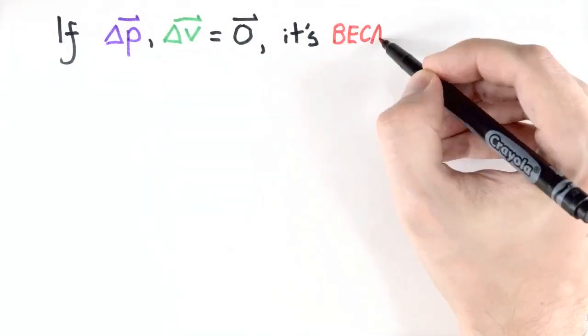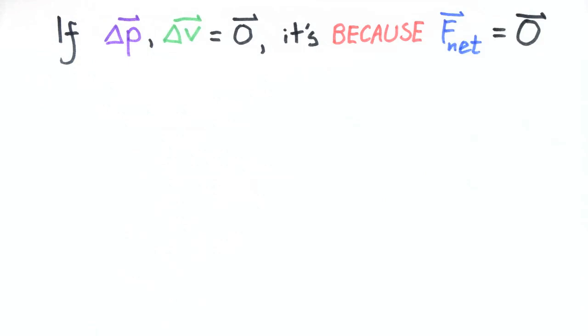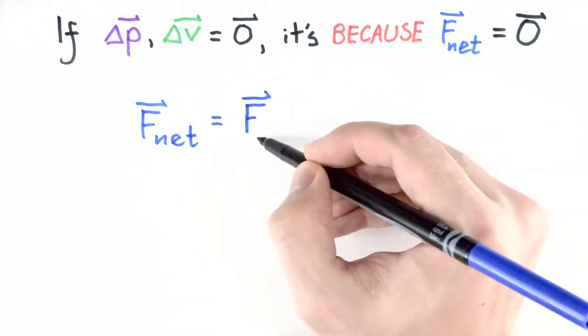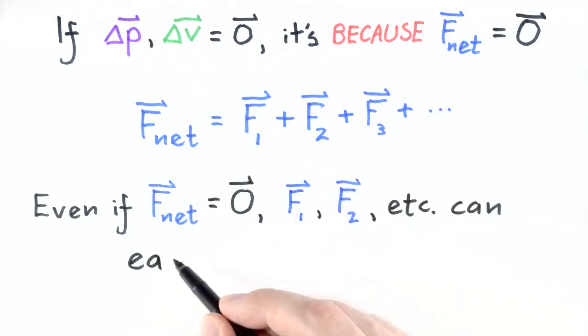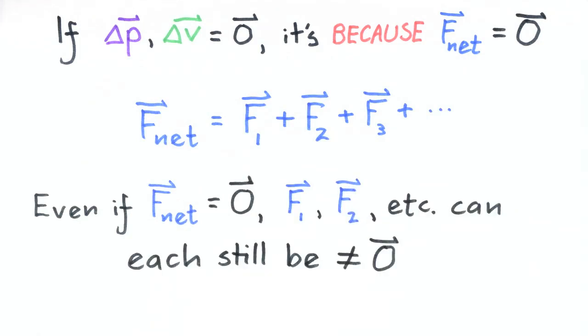In the same way, if we observe no effect in the sense of no changes in velocity or no changes in momentum, then there is no cause in the sense that the net force is zero. Now let's not fall into the trap of thinking that no net force means no forces at all. There may or may not be interactions. All Newton's second law tells us here is that if there are interactions, they must all add to zero if there are no changes in velocity or changes in momentum.